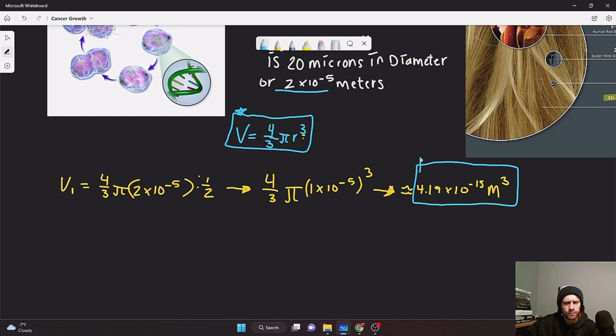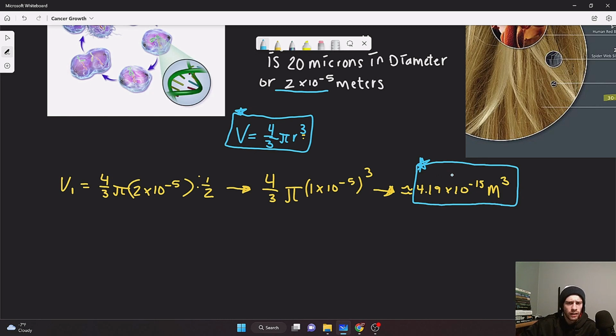And so we can use this to find a formula for the rate at which a cancer cell will divide, and that will be useful for calculating the size of a tumor.